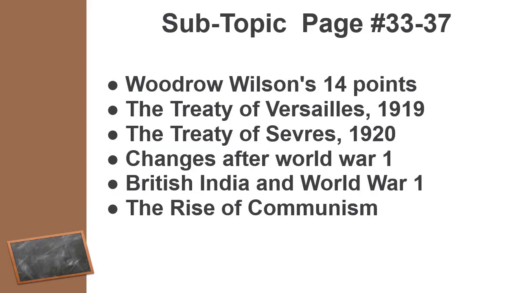Subtopics are Woodrow Wilson's 14 points, the Treaty of Versailles 1919, the Treaty of Sèvres 1920, changes after World War I, British India and World War I, and the rise of communism. Pages are from 33 to 37.